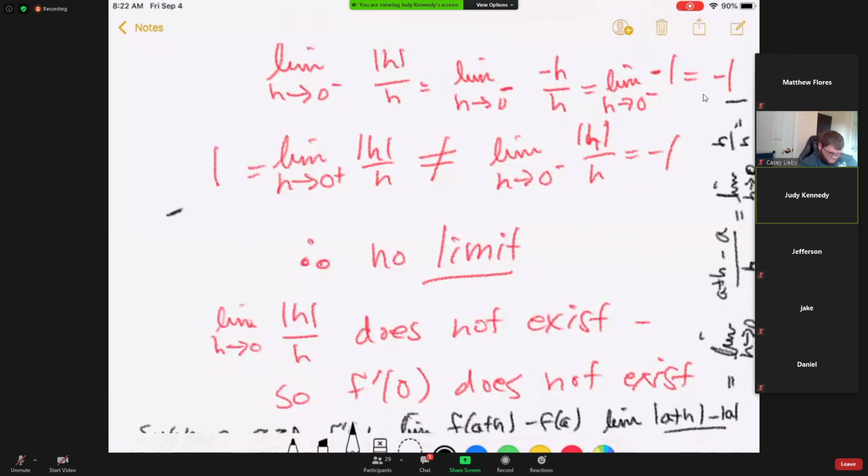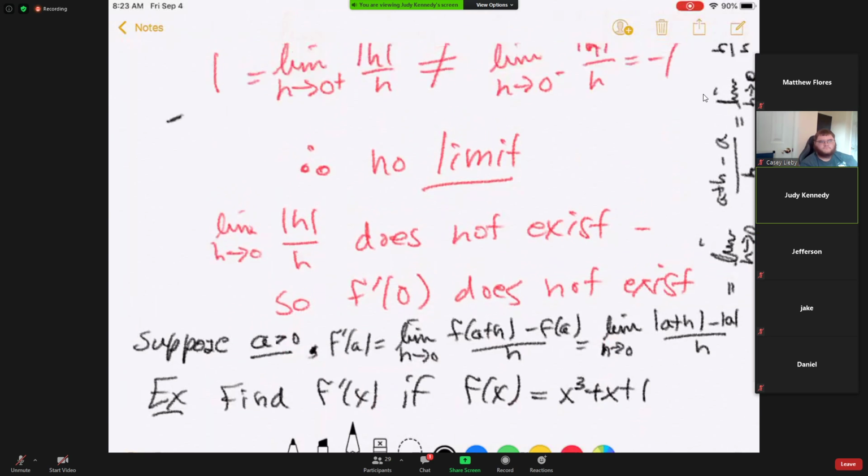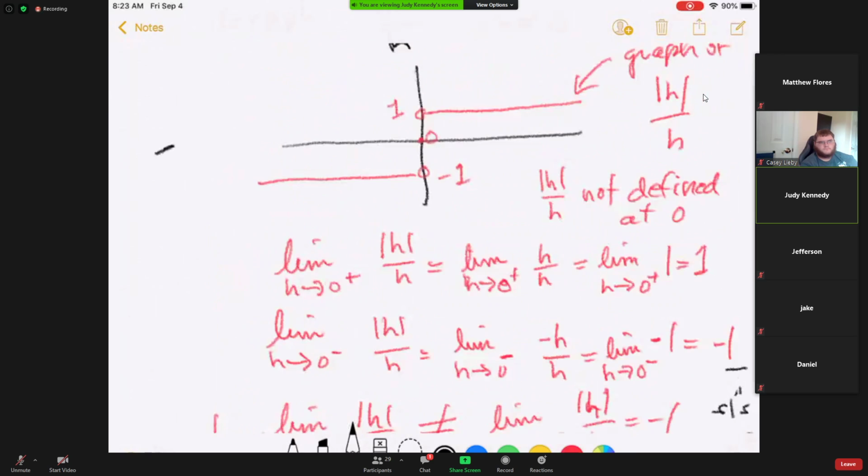So f prime of 0 does not exist for that function. If a is not 0 and it's positive, f prime of a is 1. If a is less than 0, f prime of a is minus 1. In fact, I computed the limit, but you can just read it off the graph here.